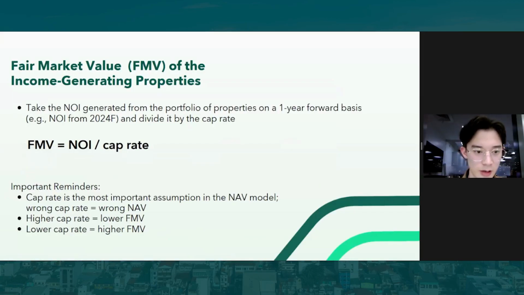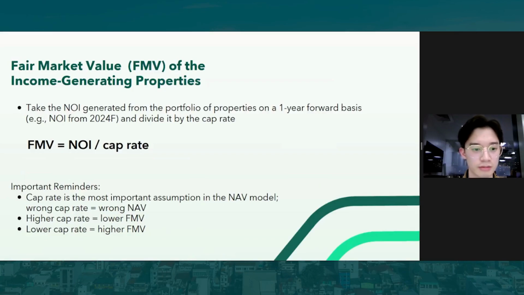But an important reminder is that the cap rate is the most important assumption in our net asset value model, because it's solely dependent on acquiring the fair market value of a REIT. It's not about forecasting future cash flow like in a discounted cash flow model.